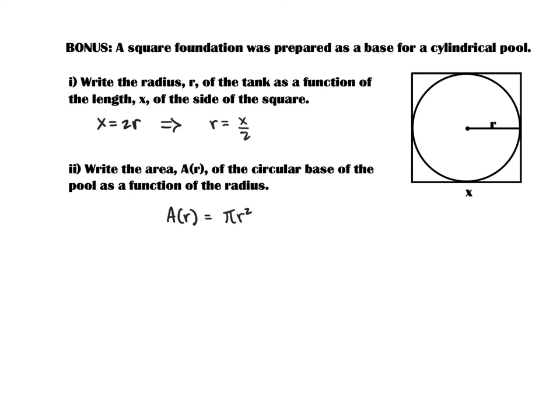But what we could do is write A as a function of x. That would be pi times (x over 2) squared. So the area of the circular pool with respect to x would be pi times x squared over 4.